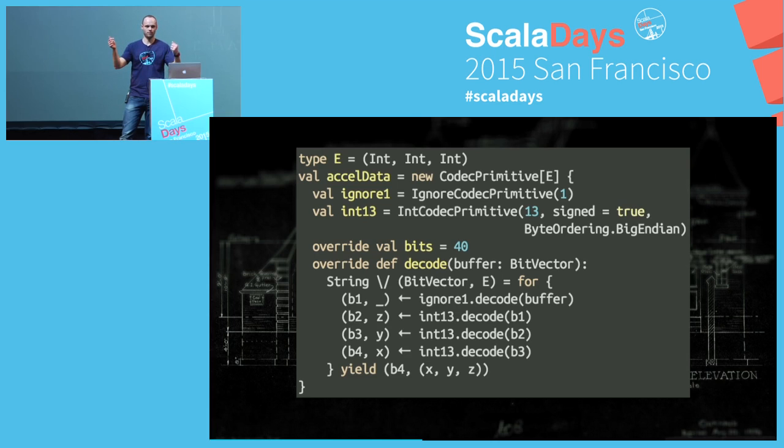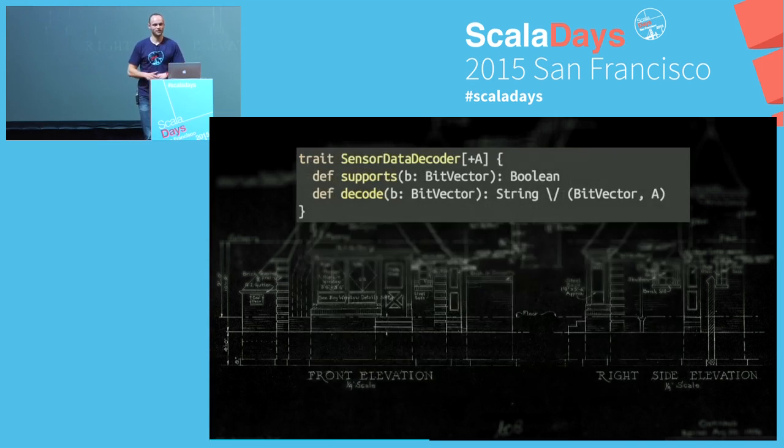Ignore the 1 bit of padding, and then take 13 bits, 13 bits, 13 bits, and yield the remaining bits to be yet decoded, and the triple XYZ. It reads actually rather well. We can then construct sensor data decoders around it. We now have multiple data points, data sources that we can decode.